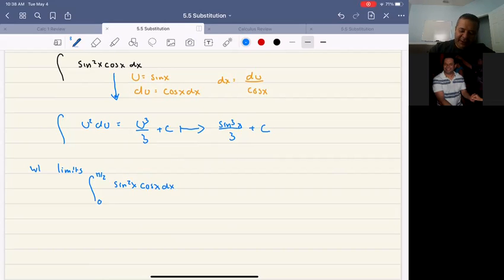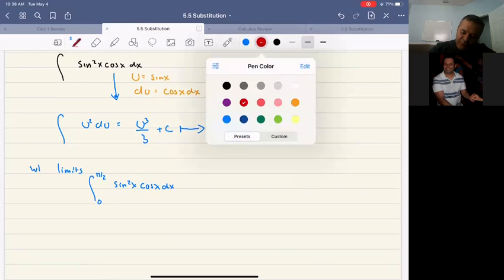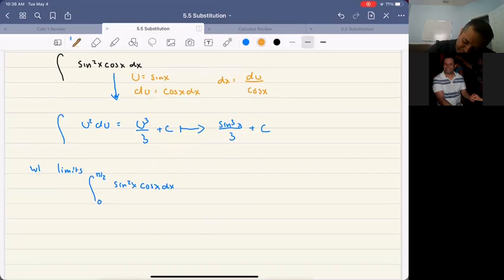So we do the same thing. u is sine of x, du is cosine x dx, solving.